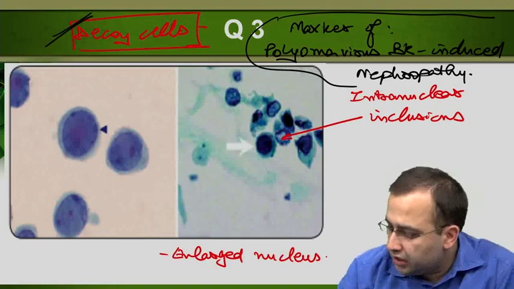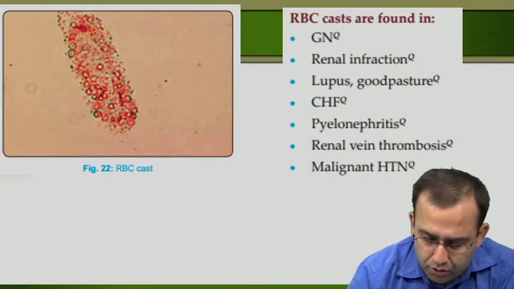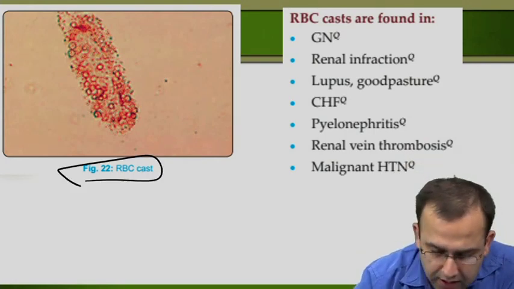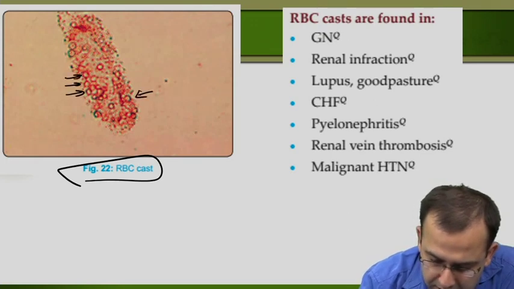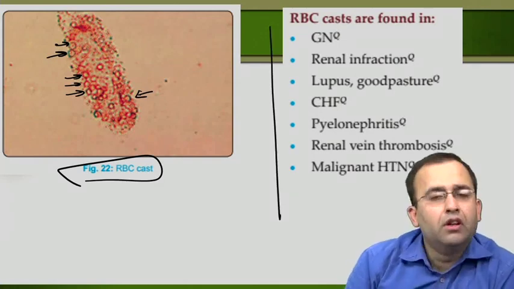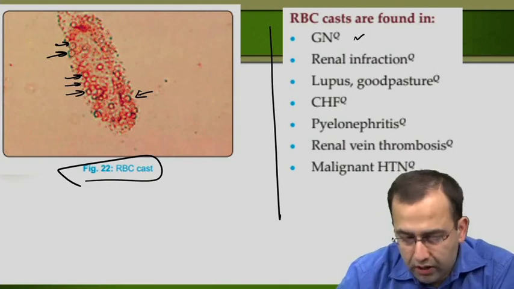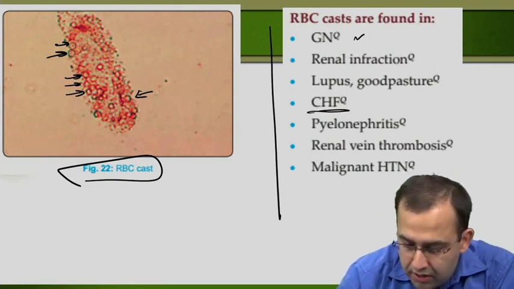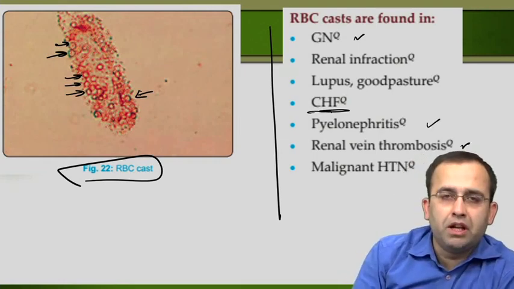Next, the other options in this were RBCs and WBCs. Just to show you, the minute you see such a structure in urine, this is the classical RBC cast. You have the presence of round RBCs, almost red in color. RBC casts are associated with a variety of diseases: glomerulonephritis, renal infarction, lupus nephritis, Goodpasture's, CHF, pyelonephritis, renal vein thrombosis, and malignant hypertension.